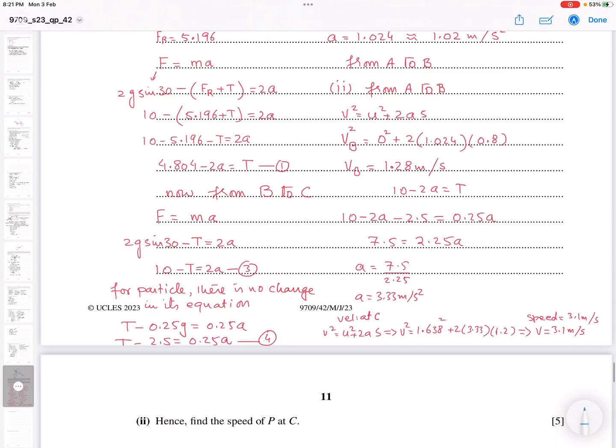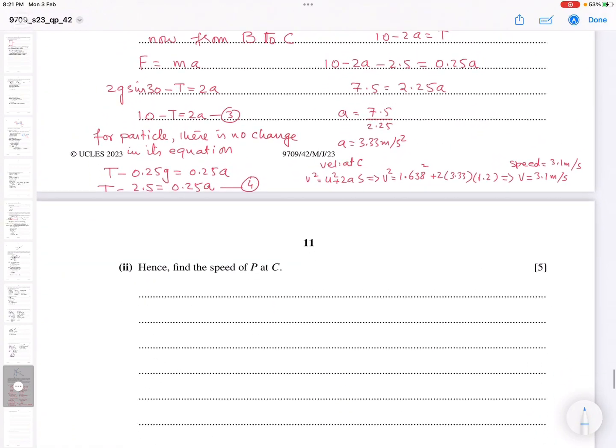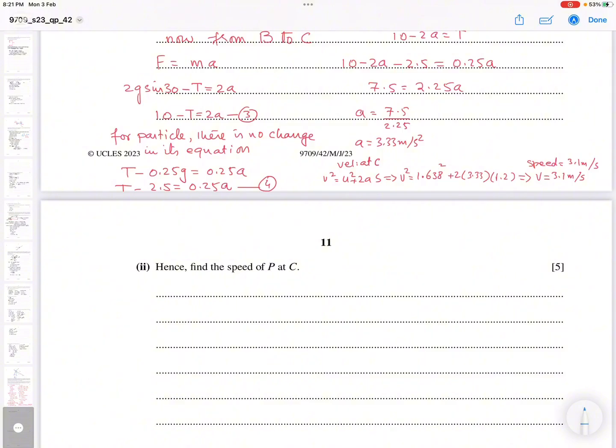I don't have any space left, so let me do it here on the next page for part B. So A to B, I'm going to use v is equal to u plus at.